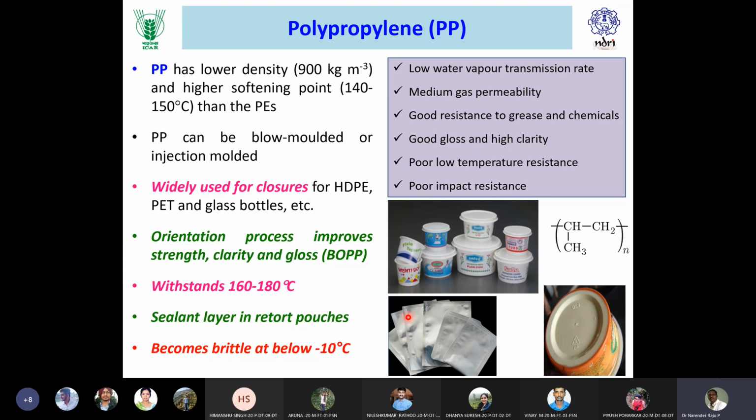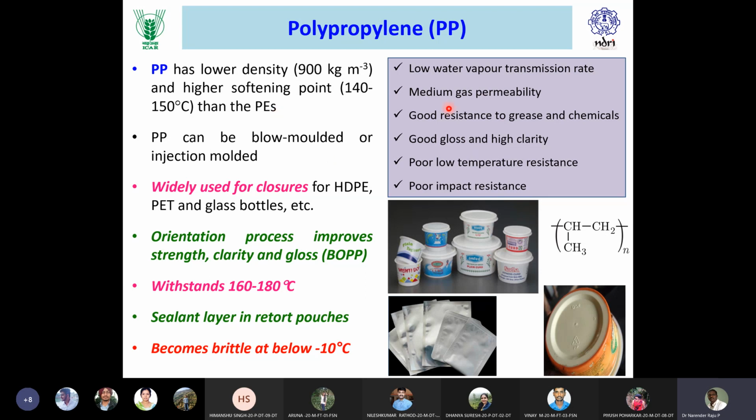In a retort pouch, the material contains aluminum foil and also nylon or polyethylene terephthalate as the second and third layers. The innermost layer, which comes in contact with the food material, will also be the sealant layer, and that is polypropylene, which is commonly used.